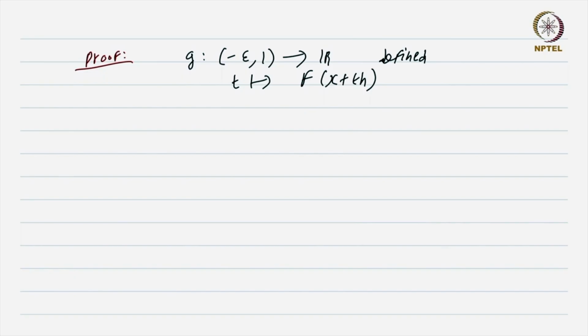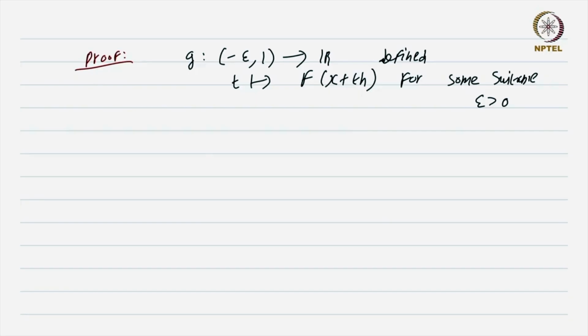Because U is an open set, I can push this a little bit further and take it to minus epsilon, so I must write for some suitable epsilon greater than 0. If you choose epsilon small enough, this is actually well defined from minus epsilon all the way to 1.